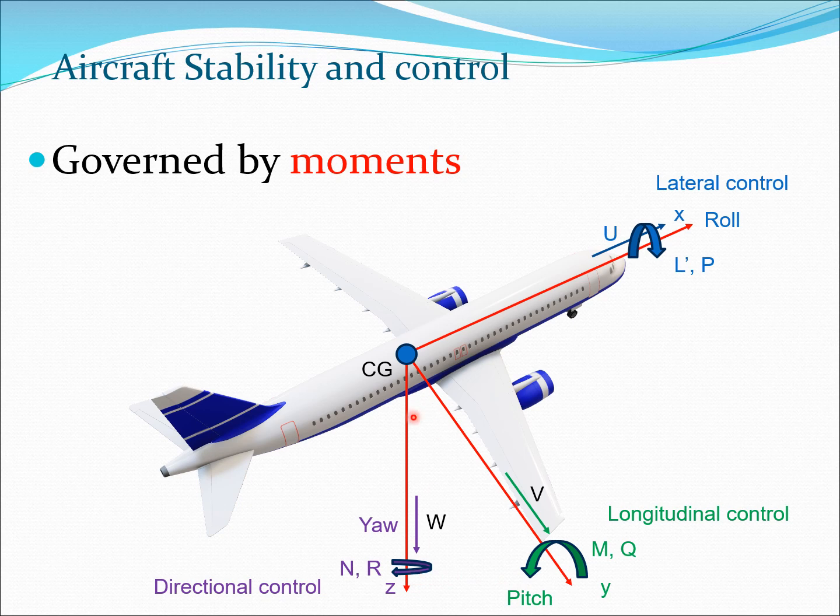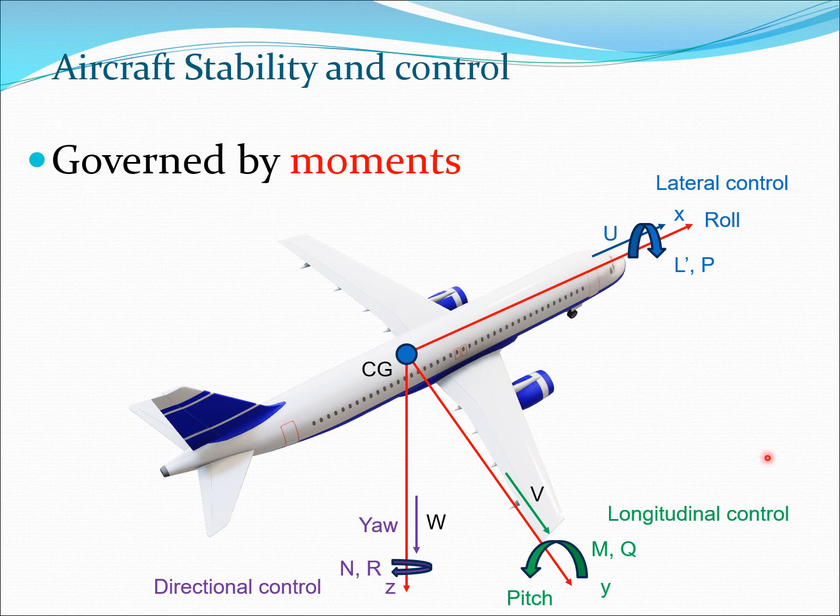Now in the Z direction, you have the yaw moment N and the yaw rate R, and this axis Z corresponds to directional control. So essentially through these three axes we can use roll control, pitch control, and yaw control. Correspondingly the words lateral control, longitudinal control, and directional control are used.